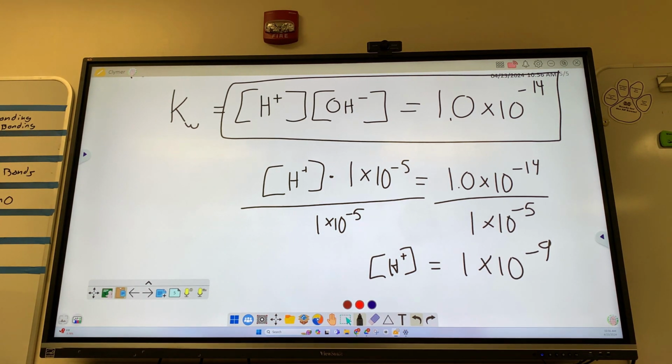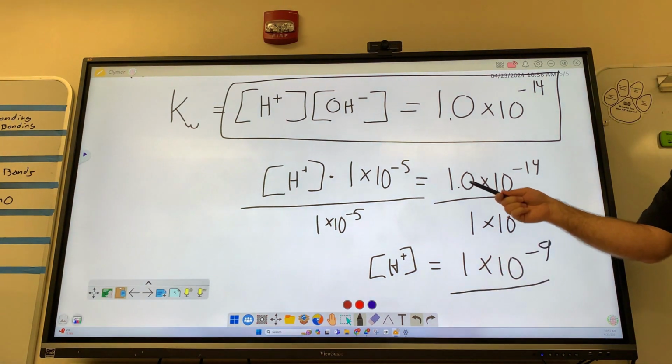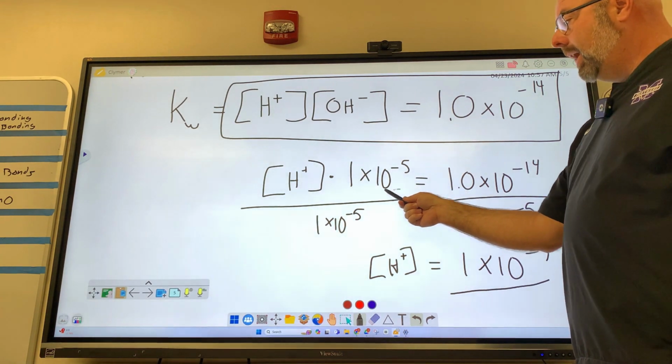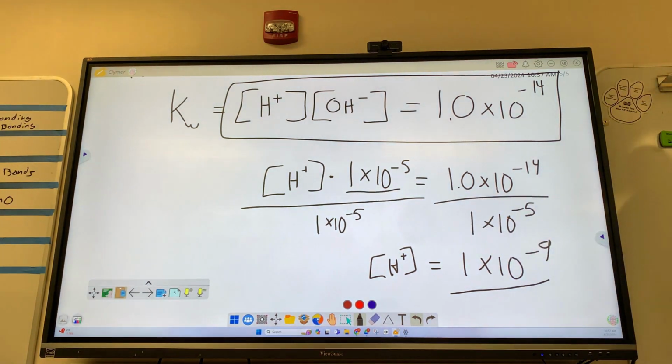Now, let's go full circle. If I know my H plus concentration is this, and my OH minus concentration is this, do I have an acidic solution or a basic solution? Which of those two numbers is bigger? The OH minus. So how would we characterize this particular solution? Acidic or basic? Basic.